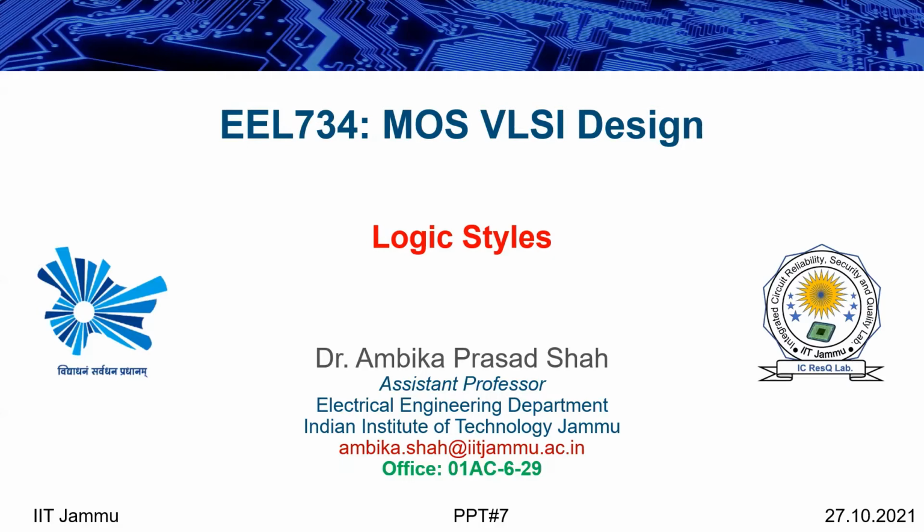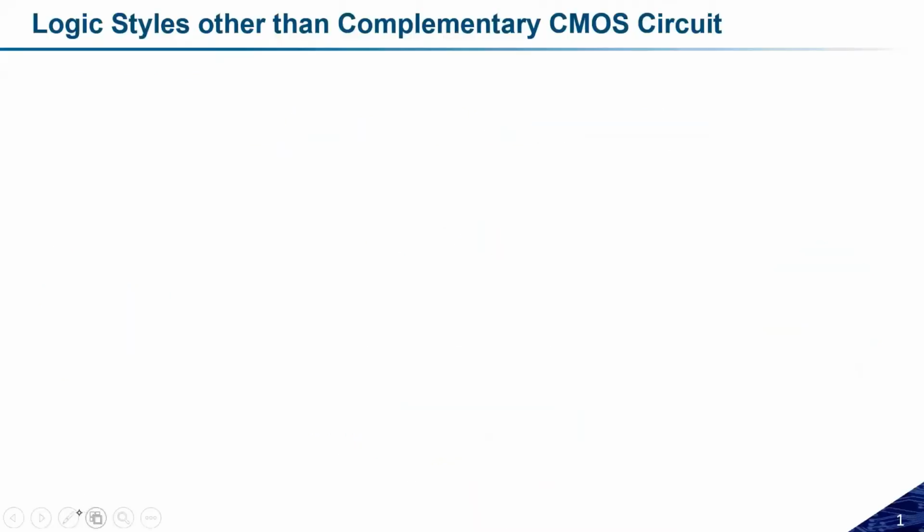But if power dissipation is not our prime concern, and area is the prime concern, in that case we can go for other alternative solutions, which we call different logic styles. So let us see what the different logic styles are, other than the complementary CMOS based circuit we have already studied.